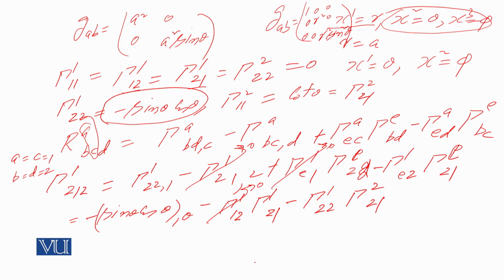Then Γ^1_22 is non-zero, so we can put it here, and Γ^2_21 is 0. So this will also be 0. So it means we are left with minus sine theta, which will become cos theta, cos square theta, and then minus sine square theta.